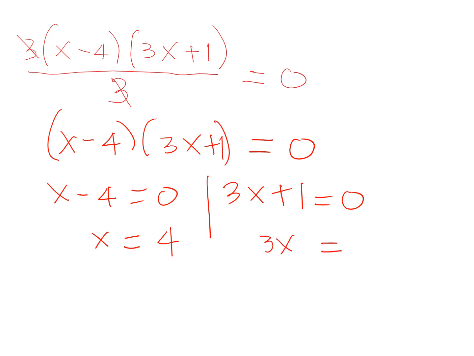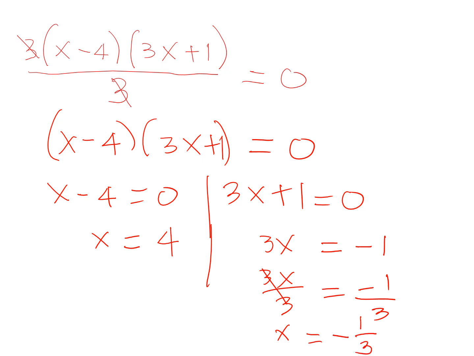We will transfer the constant to the right side. So this becomes negative 1. Then divide both sides by 3. So negative 1 divided by 3. So x is equal to negative 1/3.